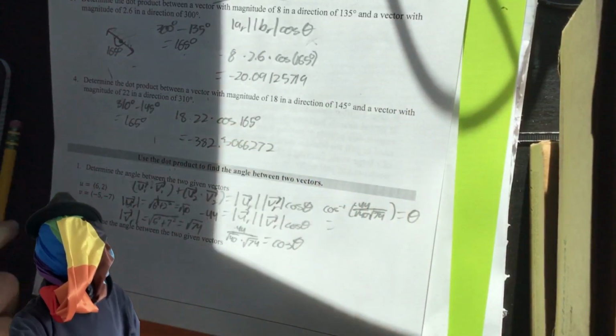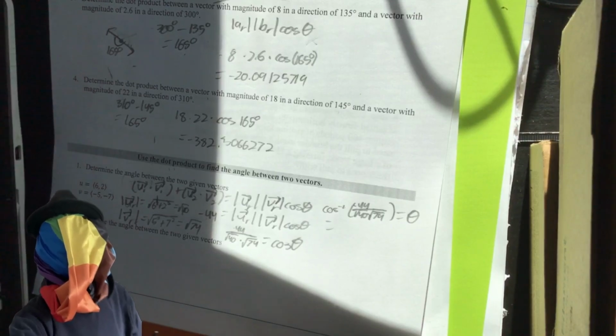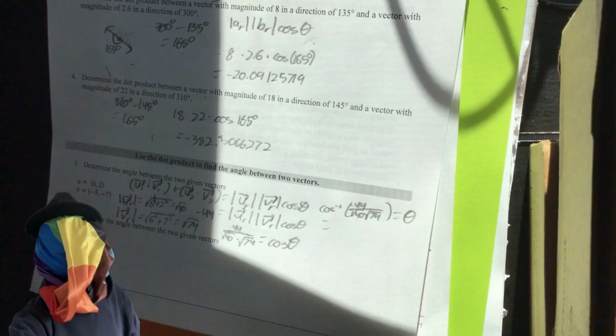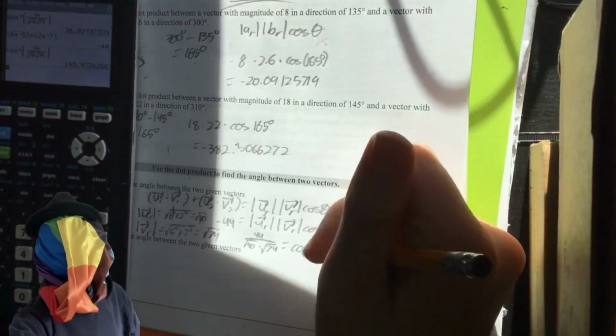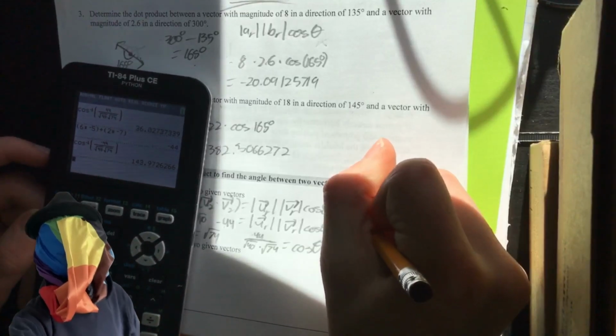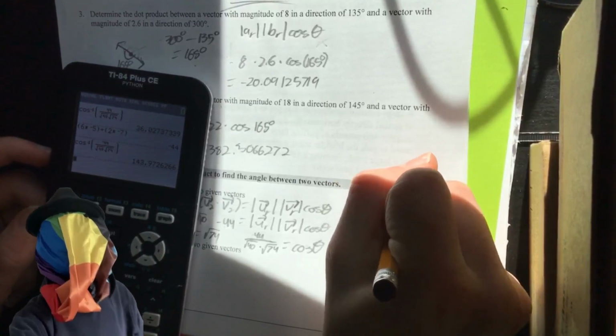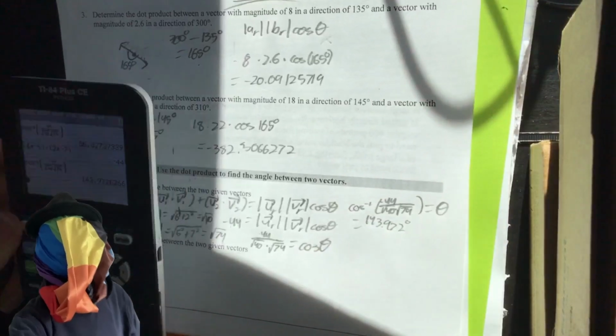What am I doing here? Okay, that answer seems a lot more possible since we know it's obtuse, because it's negative 44. So we get theta equals 143.972 degrees. That's what I'm going to go with.